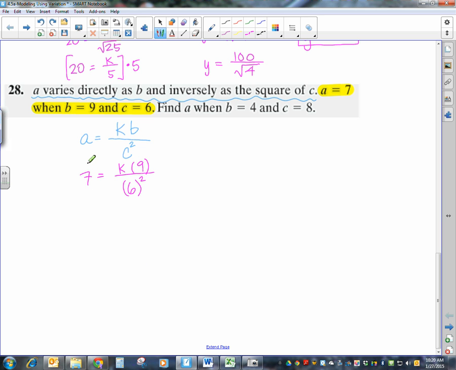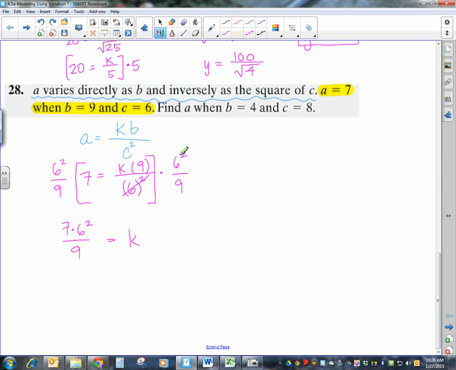So I plugged them in as such. Now, I'm going to tell you, this will hold true every single time, okay? Because this is all multiplication. So if you have two of them at once, to get rid of that 6 squared, I have to multiply. To get rid of the 9, I'm going to have to divide. So that means that k is going to equal 7 times 6 squared over 9. Now, you can always write it on both sides if you want. 6 squared over 9.